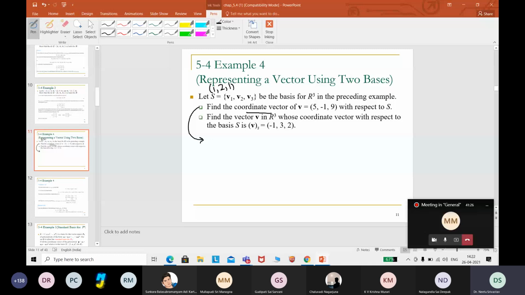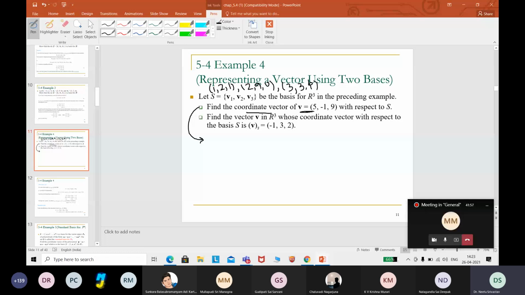V2 is given to you as 2, 9, 0. V3 is given to you as 3, 3, 4. Am I right? Whether you people wrote this or not? Is this correct or not? Yes, ma'am.